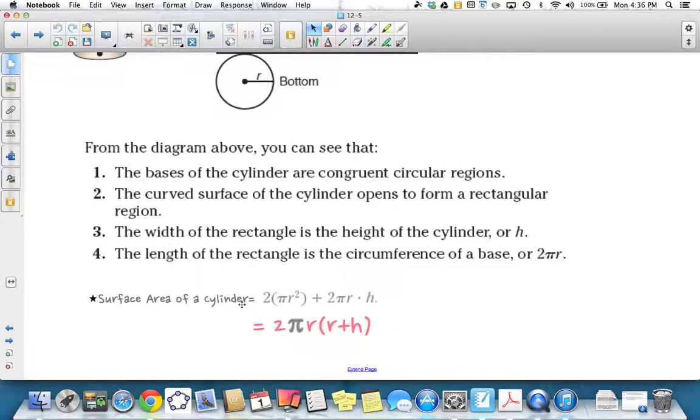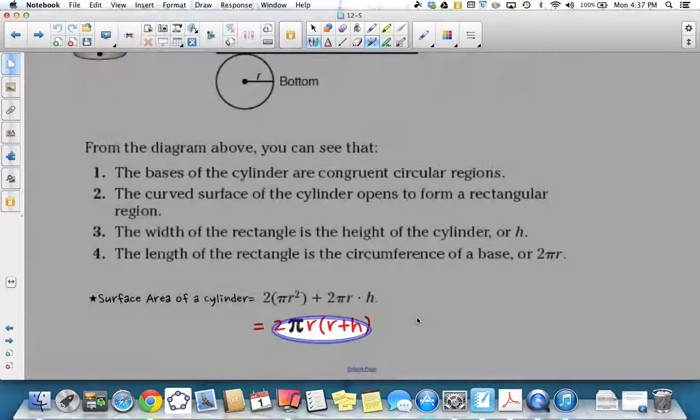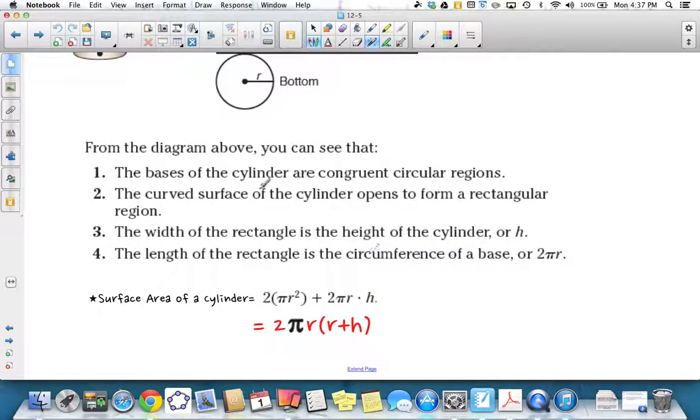The surface area of a cylinder therefore has the formula 2 times the quantity pi r squared plus 2 pi r times h, or simply put, 2 times pi times r times the quantity r plus h. This is the shorter version of this formula, so you can choose any version you want. It doesn't really matter.